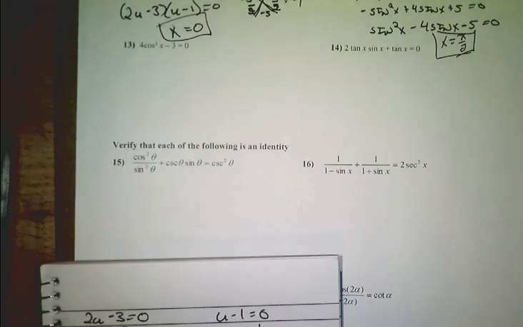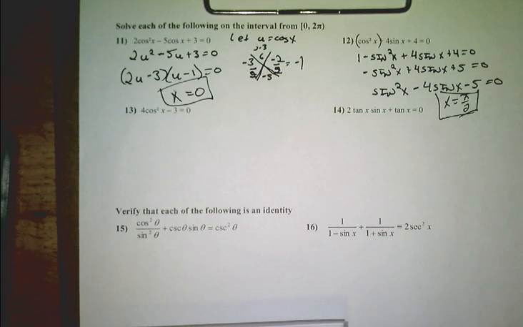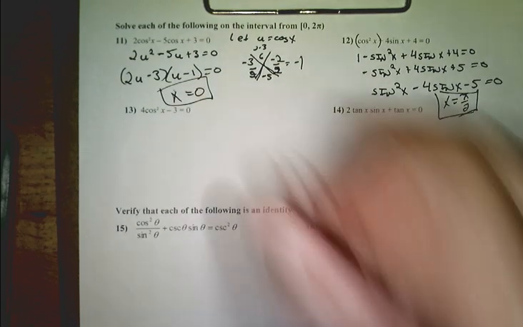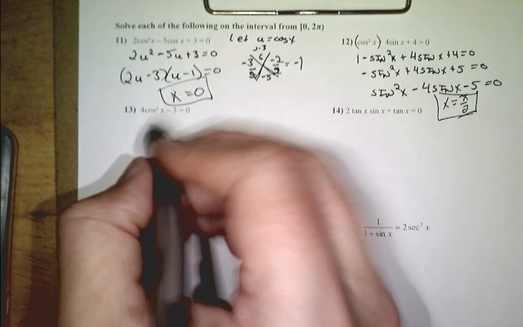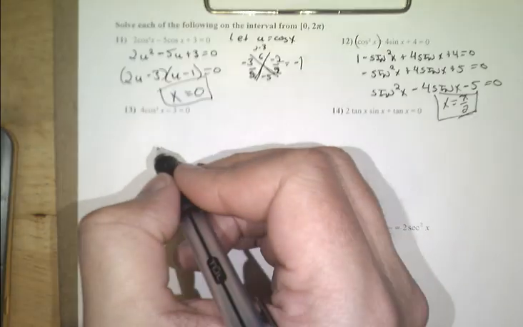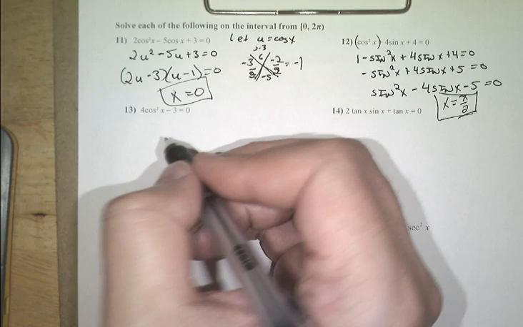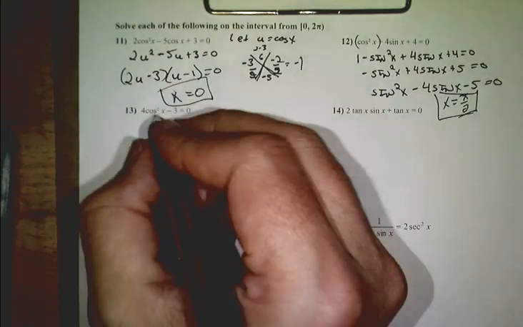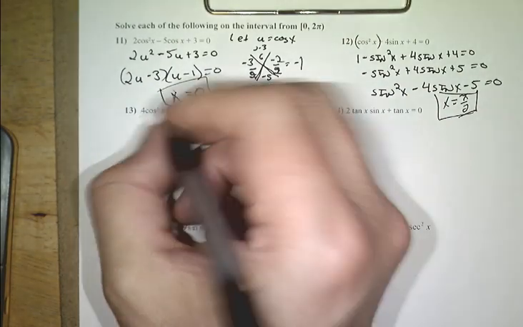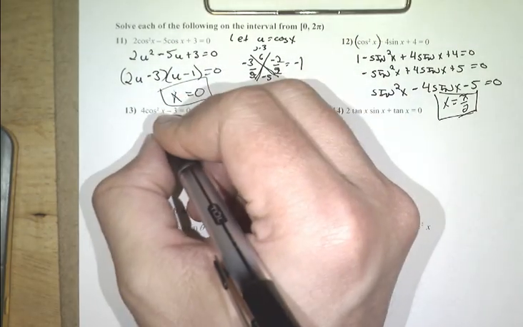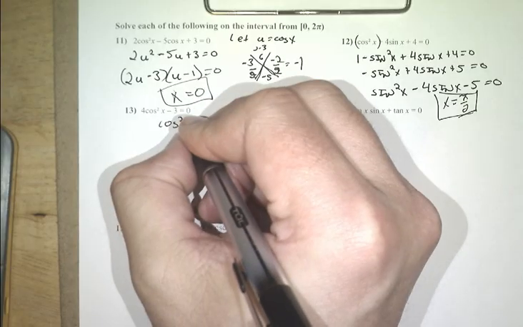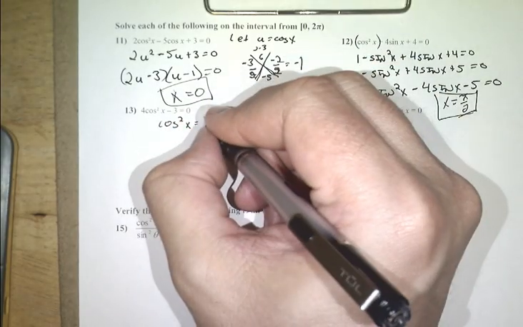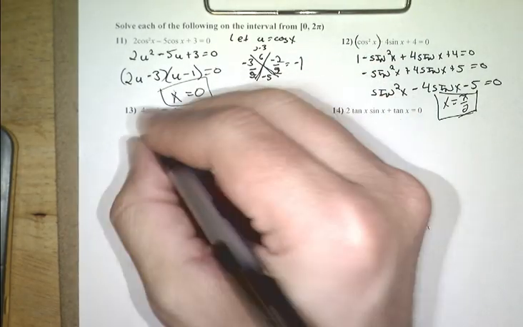Okay, 4 cosine squared of x minus 3. So again, this is another quadratic, but I have the squared term and I don't have a linear term, which makes this kind of easier. I can just move everything over. So this will be cosine squared x equals positive 3, divide both sides by 4.